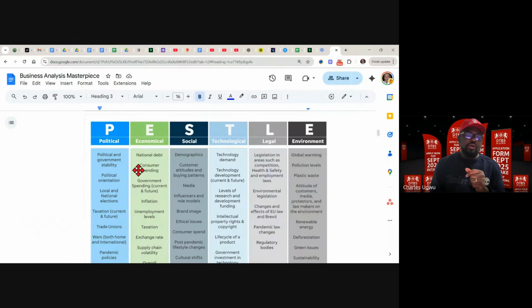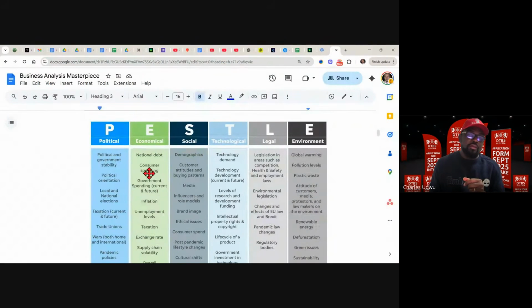If you are looking at economic factors, national debt, just like Nigeria, we are so much indebted to China now and other countries. How is this national debt affecting our business? For me, I don't think national debt is affecting us in any way.